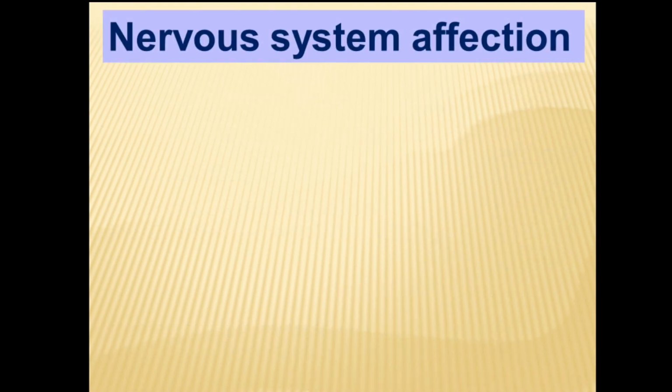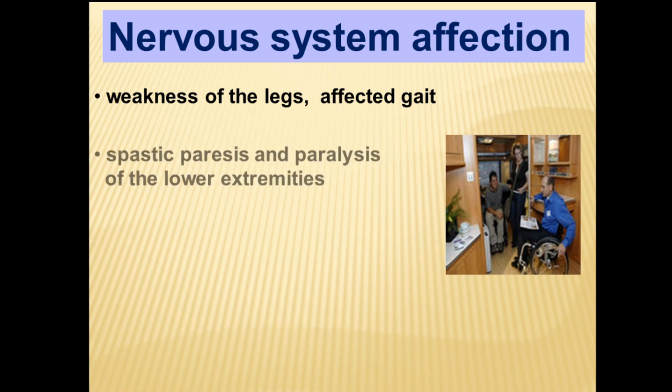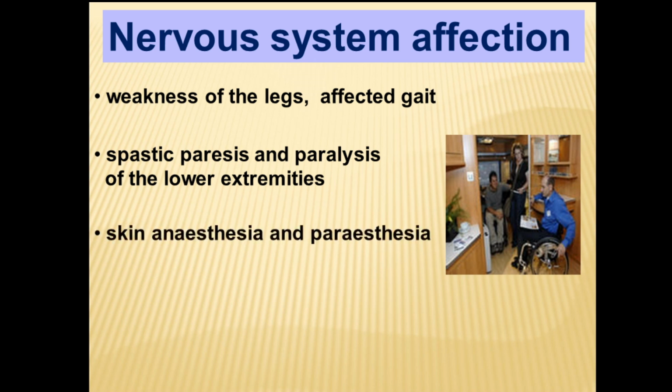Nervous system affection, the neurological syndrome, is manifested with weakness of the legs and as a result affection of gait. Then the patient feels some paresthesia and spastic paresis or paralysis of the lower extremities.